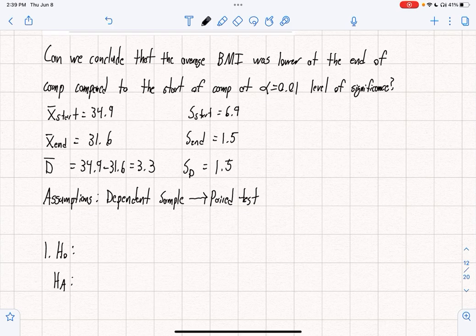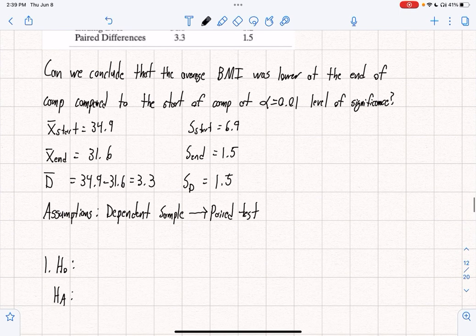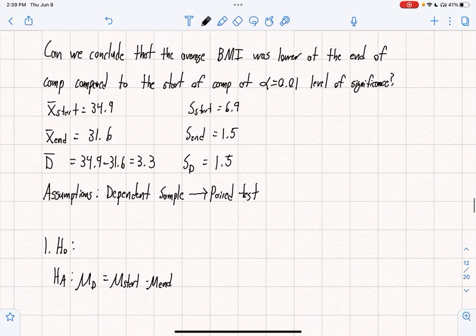So we think that people are going to drop BMI across camp. So when we think about mu D, the average difference, we'll define it as mu start minus mu end. If we think they're going to lose weight, then start would be bigger than end, and this difference would be bigger than 0.